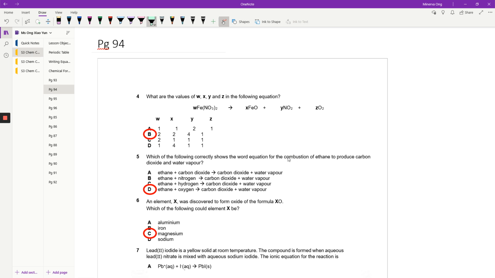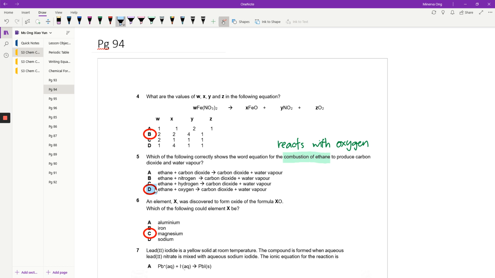Usually this topic is learned in air. So combustion means reacts with oxygen. So react with oxygen. There's only one that reacts with oxygen. So you can narrow the answer down to D.